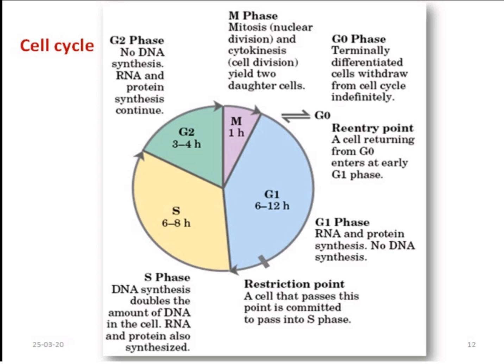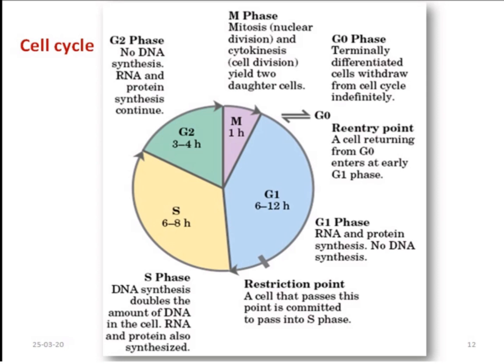What is happening in the M phase? Nuclear division, cytokinesis, cell division, and by this 2 daughter cells will be formed. Like that, the M phase will be completed. And you remember the M phase has prophase, metaphase, anaphase, telophase. Like that, it is divided.